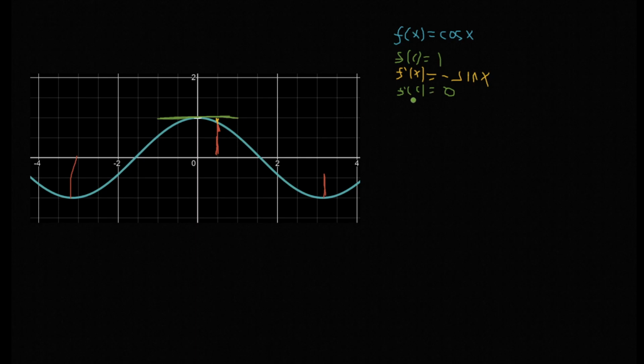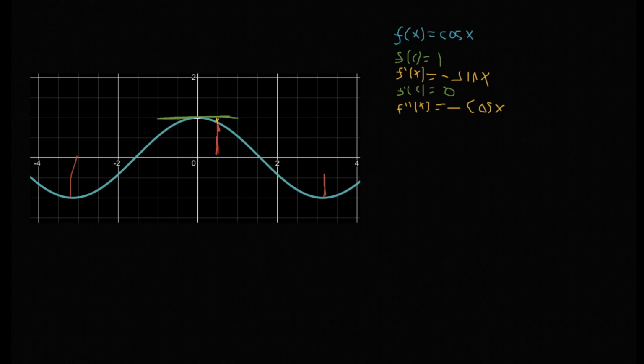And we continue this idea. We could say that f double prime of x is negative cosine, taking the derivative again, negative cosine x.